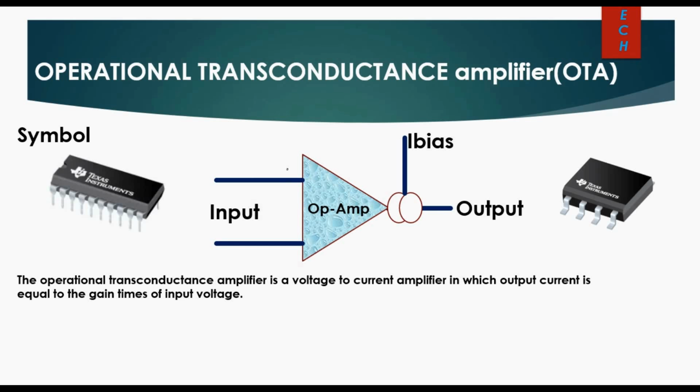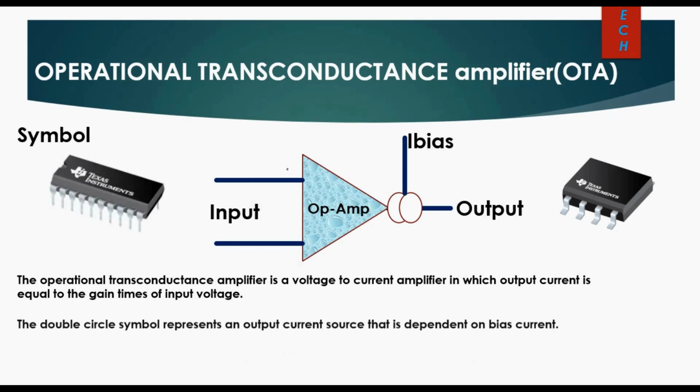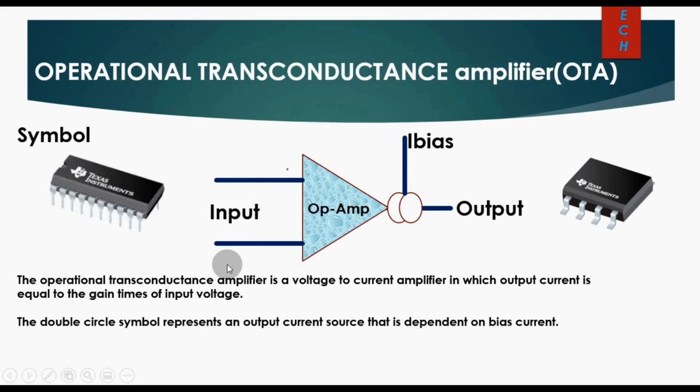The double circle in the symbol represents an output current source that is dependent on the bias current, that is I bias.